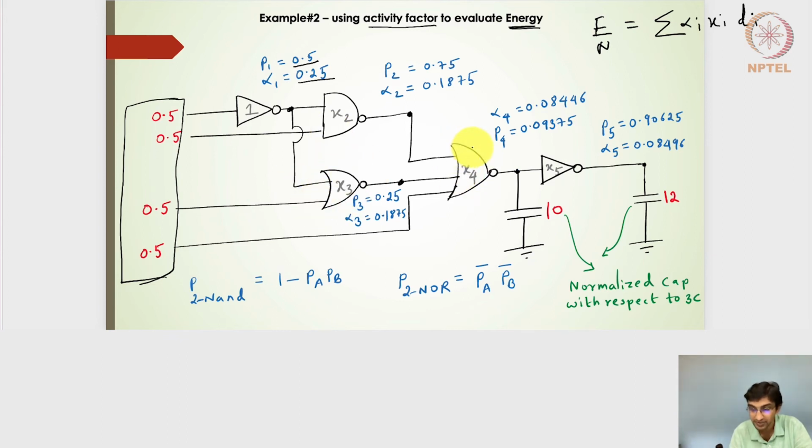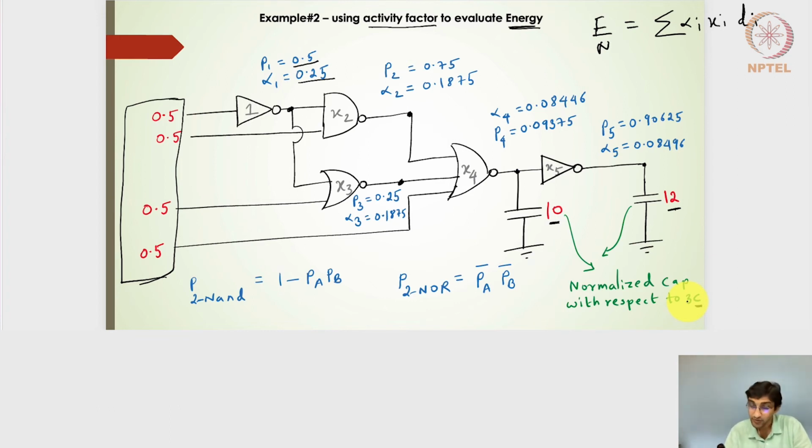X4 is the driving factor of this 3-input NOR gate, and so on. The capacitances of 10 and 12 are used. What it really means is it is the normalized capacitance with respect to 3C. So the absolute value of these capacitances will be 10 multiplied by 3C or 12 multiplied by 3C, where 1C represents the unit NMOS transistor's capacitance.